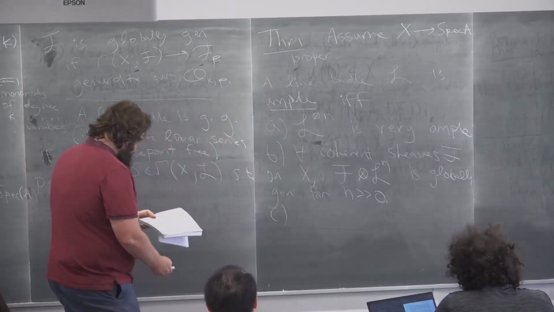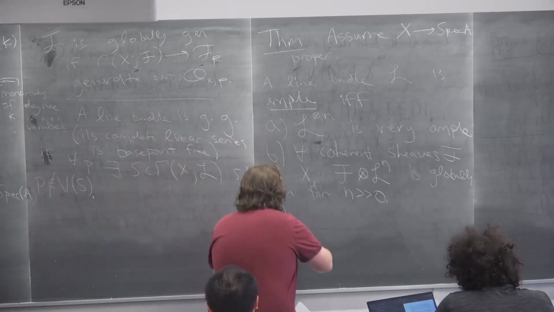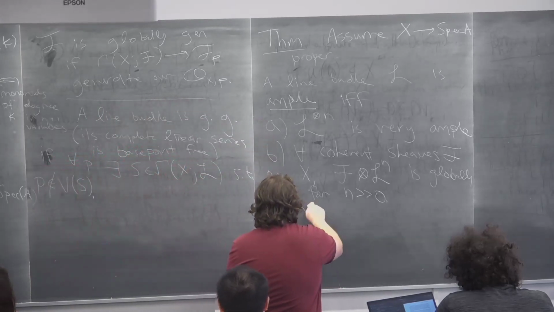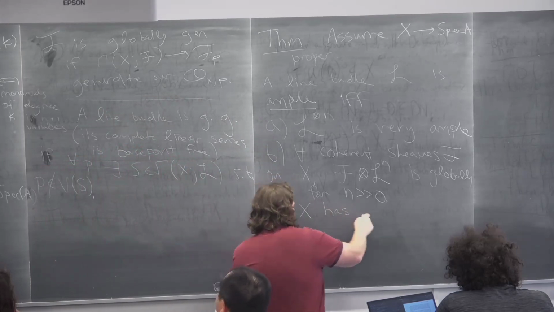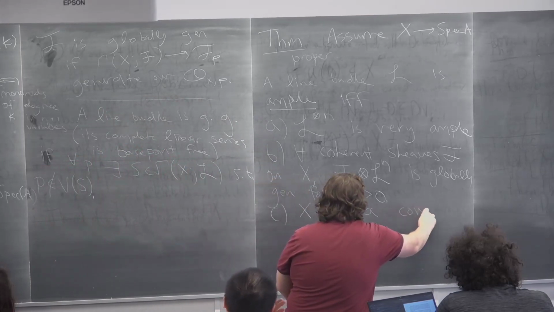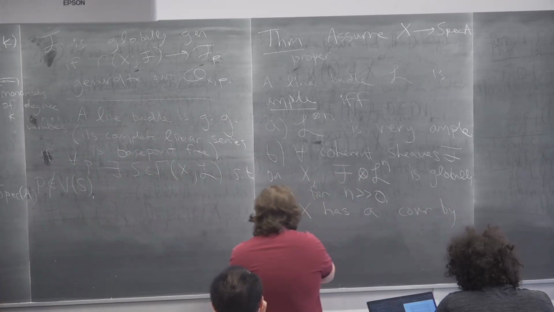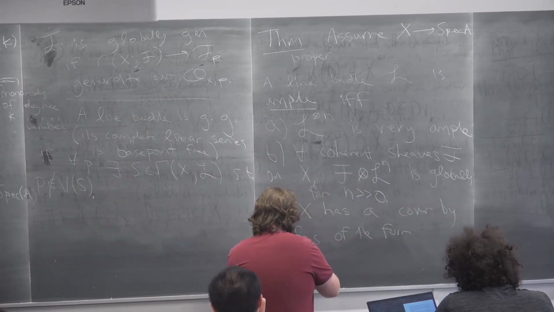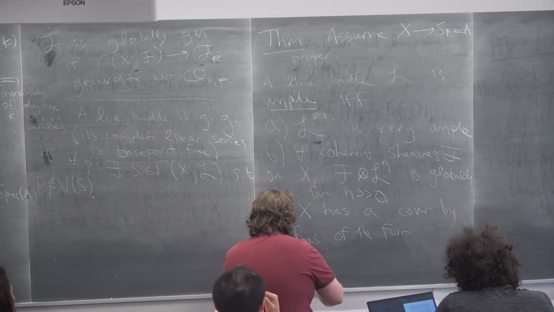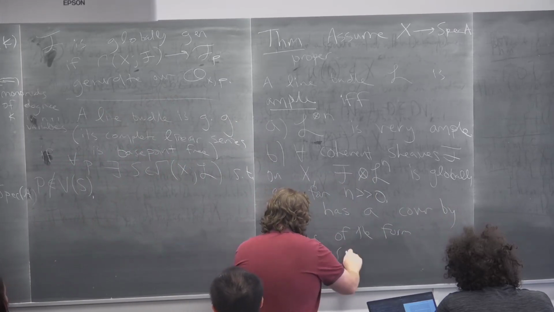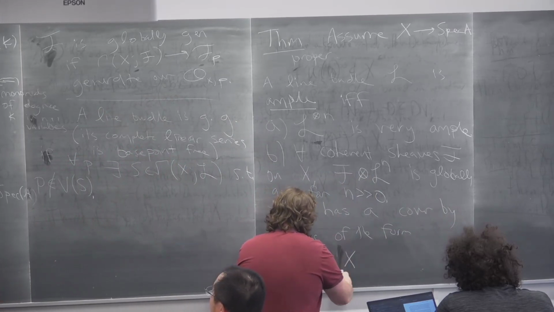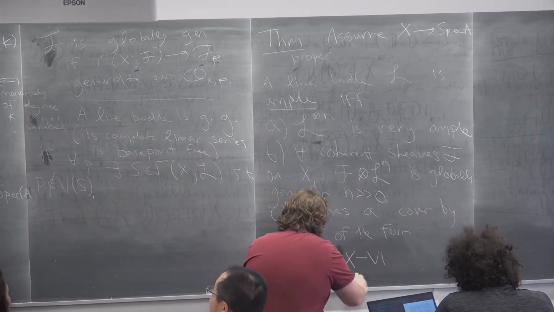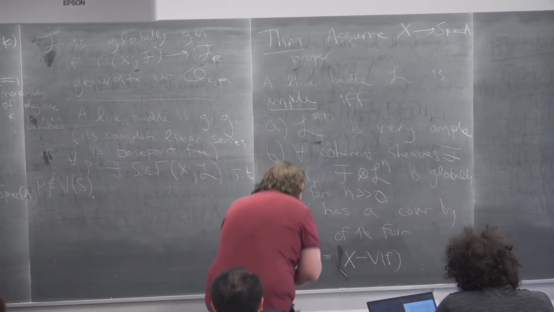And C, X has a cover by affines of the form X_f. So this is X minus the vanishing set of f.